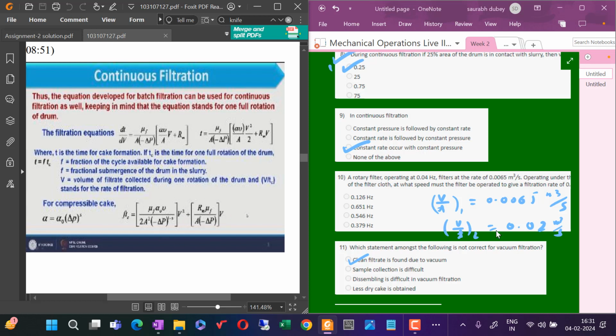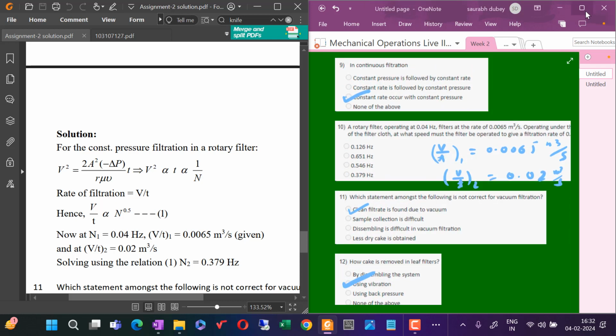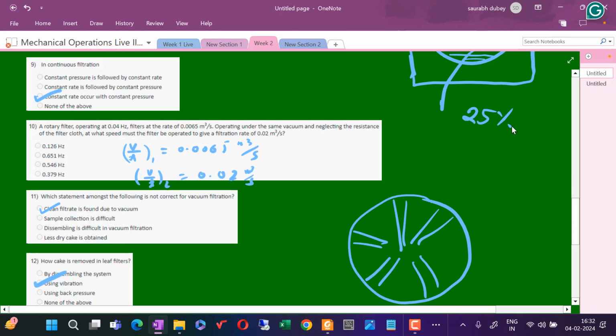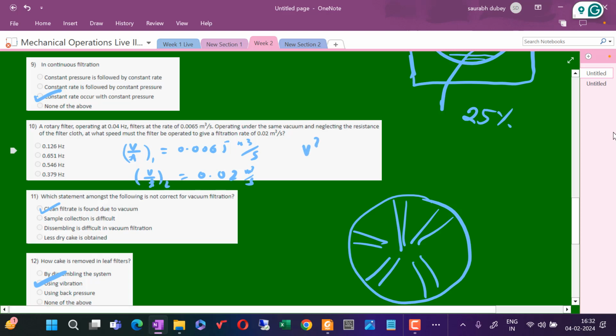When you look at the problem, it shows that v square is directly proportional to time, and time is inversely proportional to the frequency.